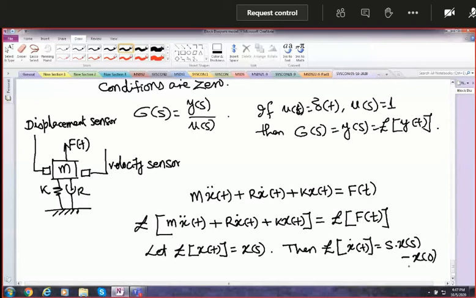Unless you have this, you cannot define a transfer function. So what do we have after taking this Laplace transform?